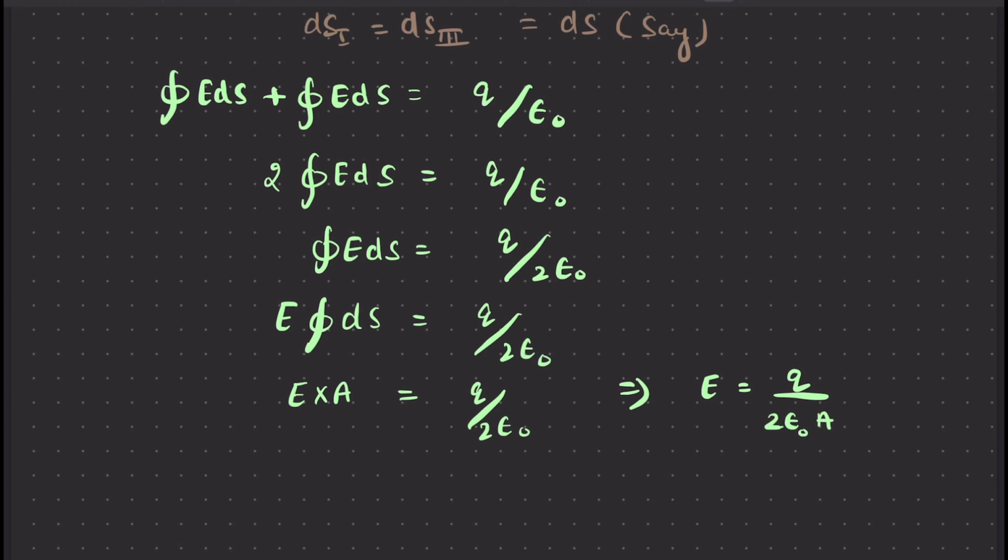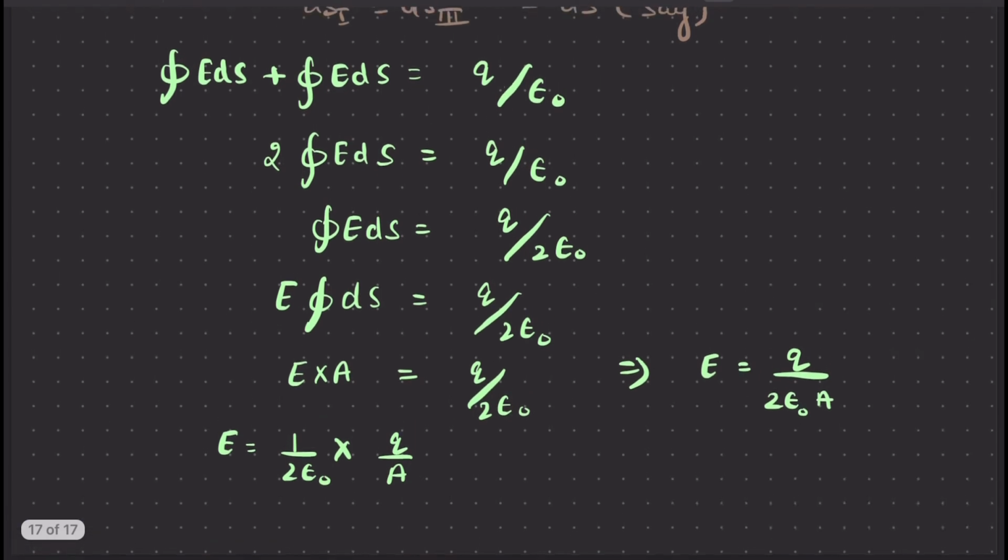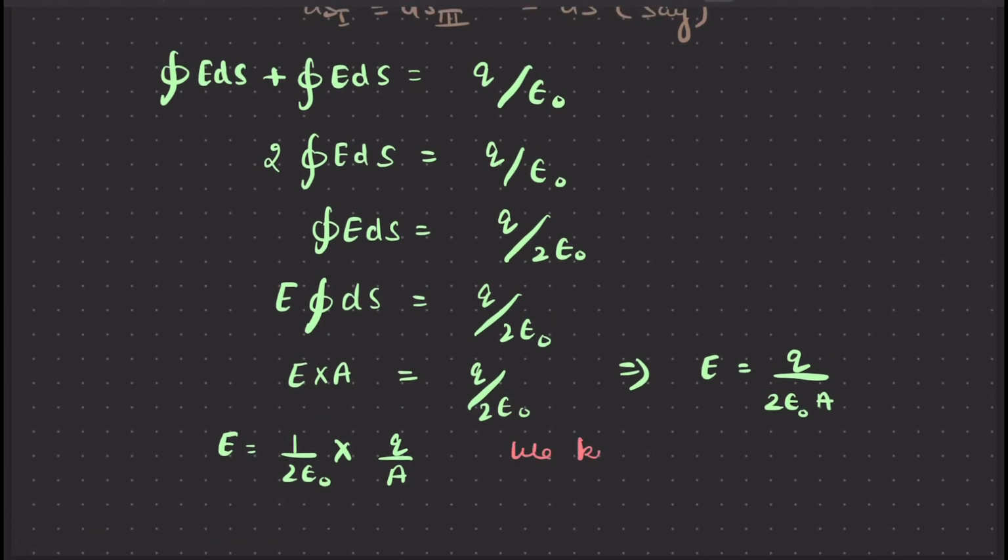Now we can separate the terms: E is equal to 1 upon 2 epsilon naught multiplied by q upon A. We can recall the definition that surface charge density sigma is equal to total charge upon total area.